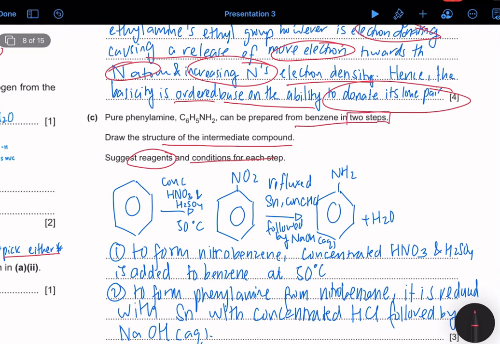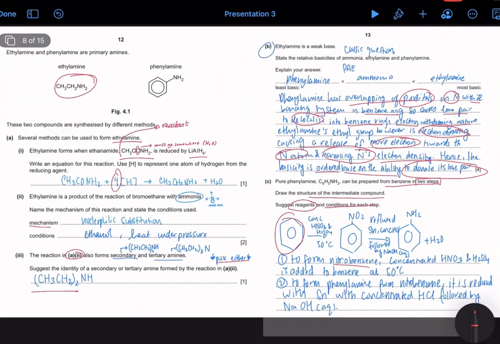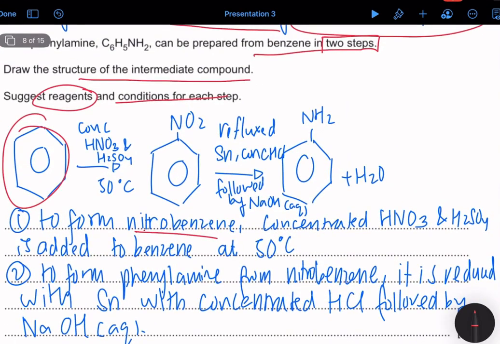Your initial reagent would be your benzene, and you want to obtain pure phenylamine. So you have to use concentrated HNO3 and H2SO4 at 50 degrees Celsius so you can form your nitrobenzene. To form your nitrobenzene, concentrated HNO3 and H2SO4 is added at 50 degrees Celsius.